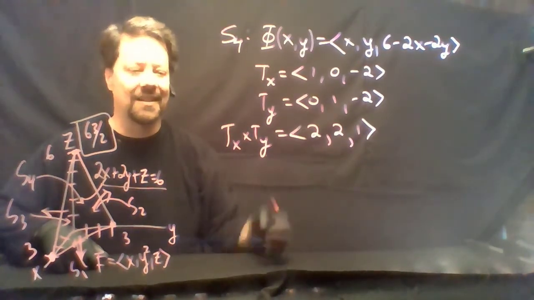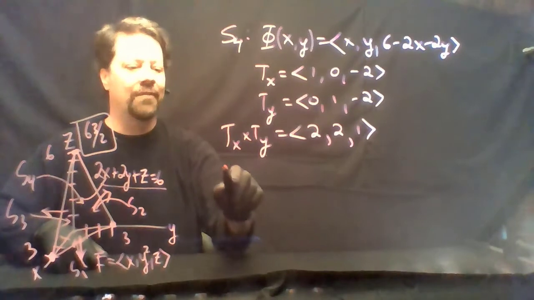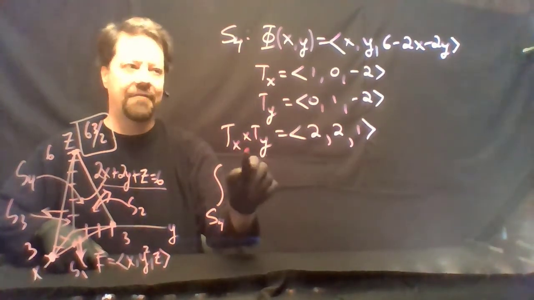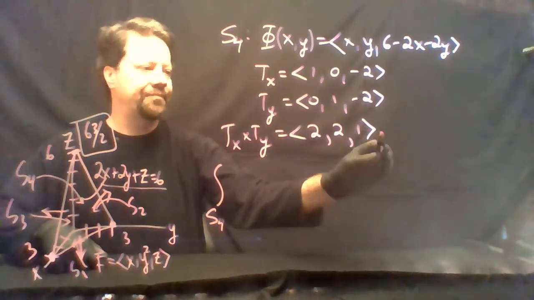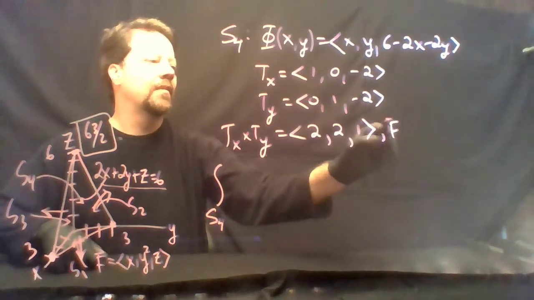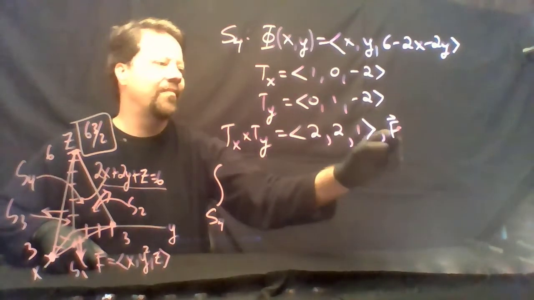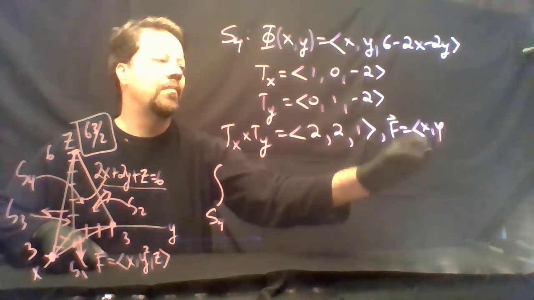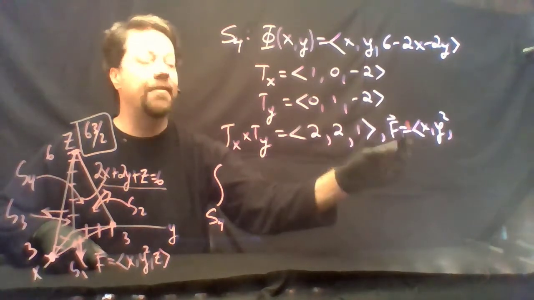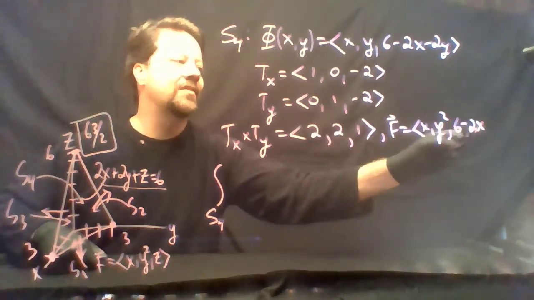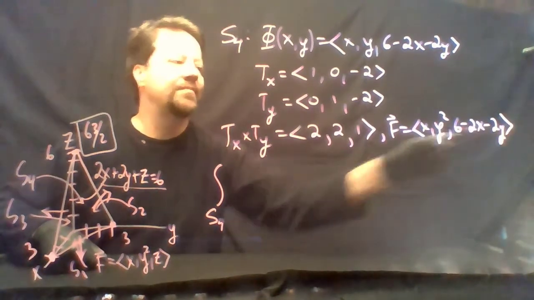That's not a coincidence. So, if we're integrating on S4, f dot n, f, you recall, was x, y squared, z. If we evaluate f on the surface, z has to be 6 minus 2x minus 2y.